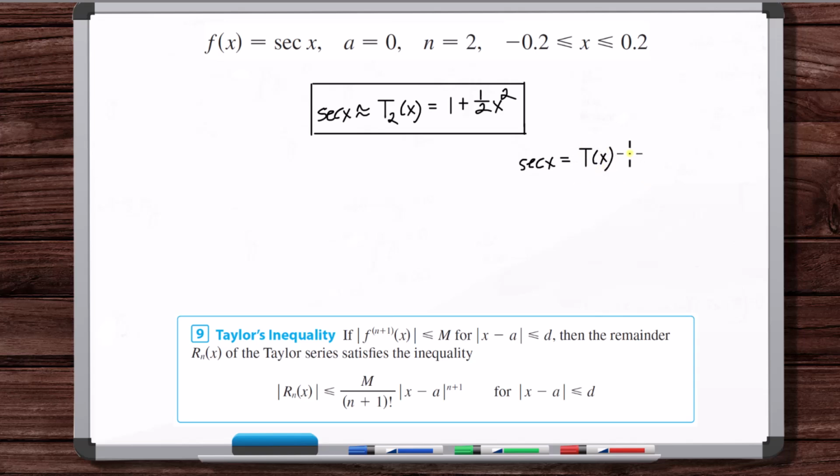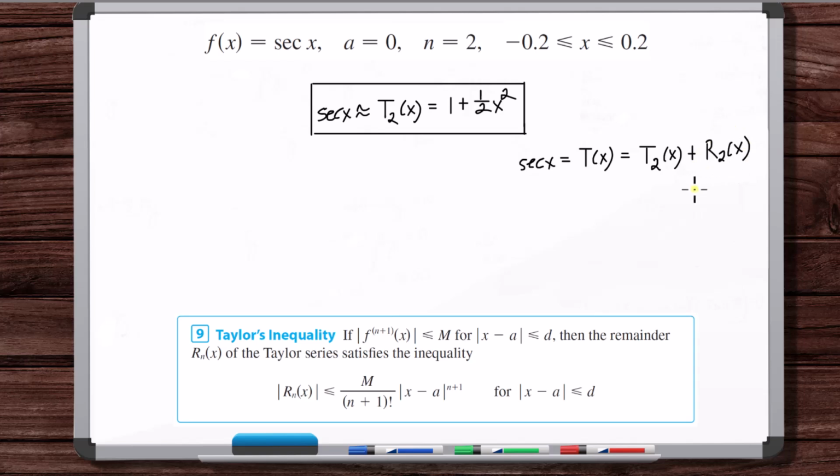And this is equal to t sub n of x, but we're at t sub 2, plus r sub 2 of x, right? We've got the t sub 2, but the actual function is this plus everything else. This R2 represents everything else that's not included in the Taylor polynomial in regards to the infinite series. What we want is an estimate on the biggest this could possibly be.